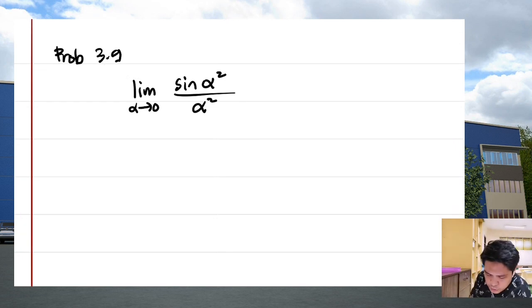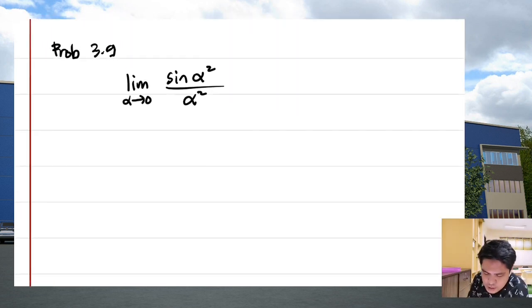Problem 3.9. We have the limit of sine alpha squared over alpha squared as alpha approaches 0. So remember na yung naka-square dito is alpha. Okay? So therefore, madali lang naman to, no? Because let's call alpha squared as beta.